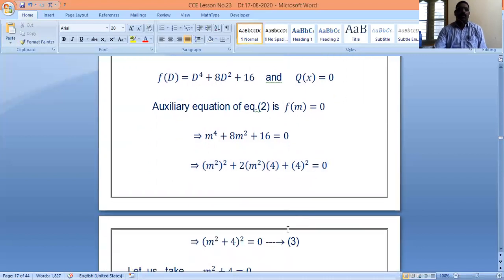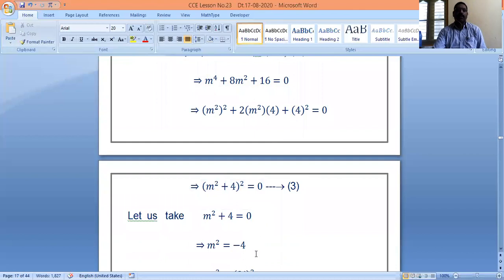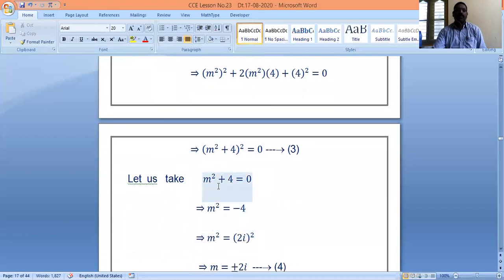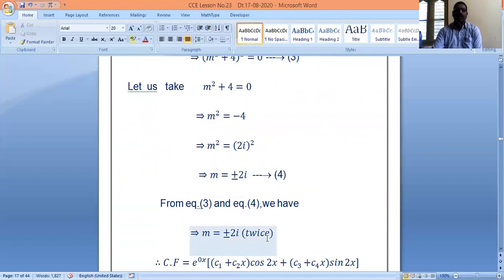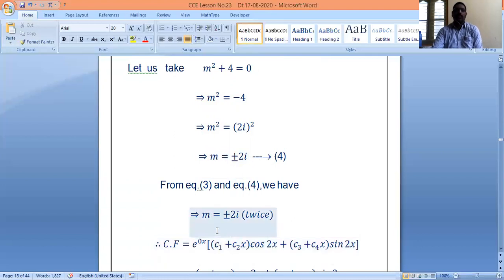Therefore, this equation can be written as (m square plus 4) whole square is equal to 0. That implies m square plus 4 is equal to 0. That implies m square is equal to minus 4. We can write it as (2i) whole square. Therefore, m is equal to plus or minus 2i. From equation 3 and 4, we have m is equal to plus or minus 2i twice.